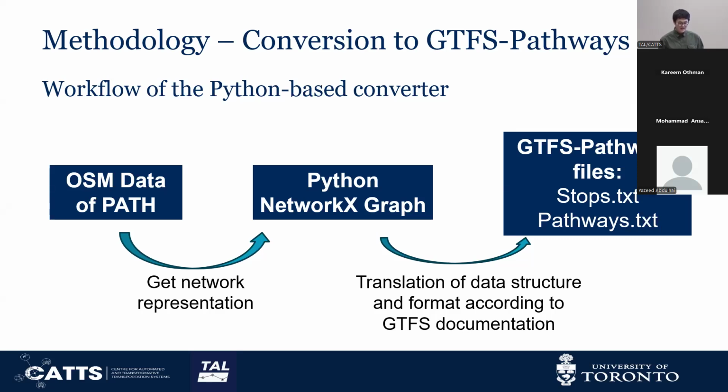From there, we translate the OSM data structure to the format that's detailed in the GTFS documentation. The output is mainly two files: stops.txt and pathways.txt. So we'll look at each of these right now.